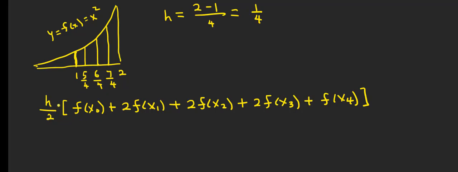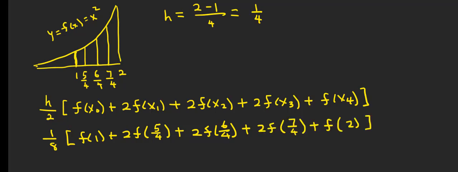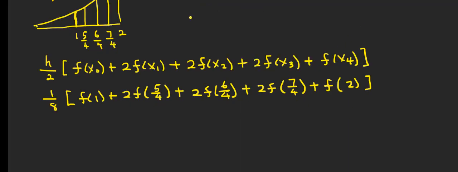Now what we're going to do is substitute. So h is 1 over 4. So 1 over 4 divided by 2 is 1 over 8. And we need to find f of 1 plus 2 times f of 5 over 4 plus 2 times f of 6 over 4 and so forth. Now remember, our f of x or y is equal to x squared.